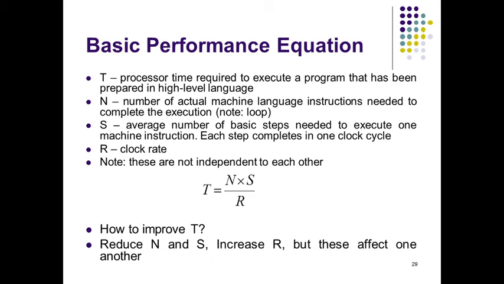The value of S is reduced if the instructions have a small number of basic steps to perform or if the execution of instructions is overlapped. Using a higher frequency clock will increase the value of R, which means that the time required to complete a basic execution step is reduced.